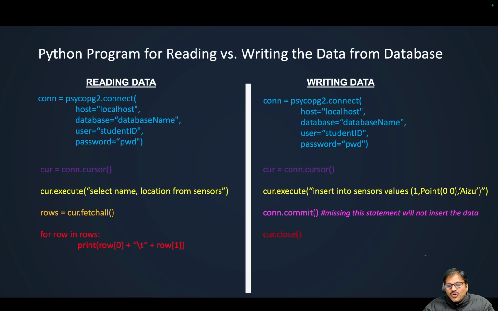Once we execute these write based commands, we have to execute commit, because we are not going to read any data. Instead, we are modifying the database. So once we modify the database, we commit the modifications we made. Please keep in mind that if you forget to commit and we close the connection, then those changes will not be reflected in the database.